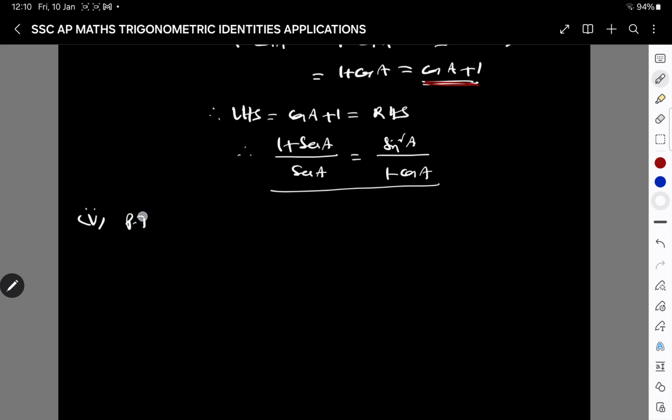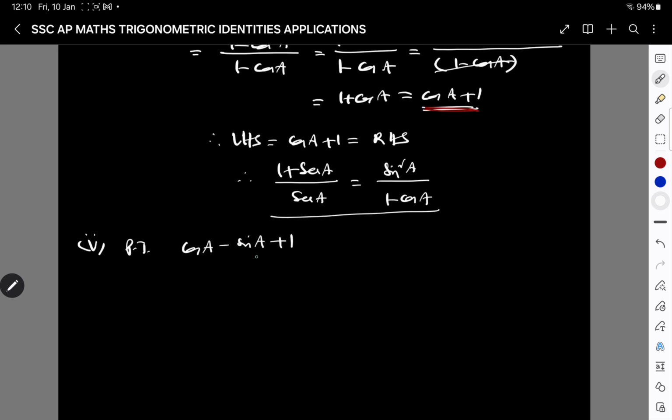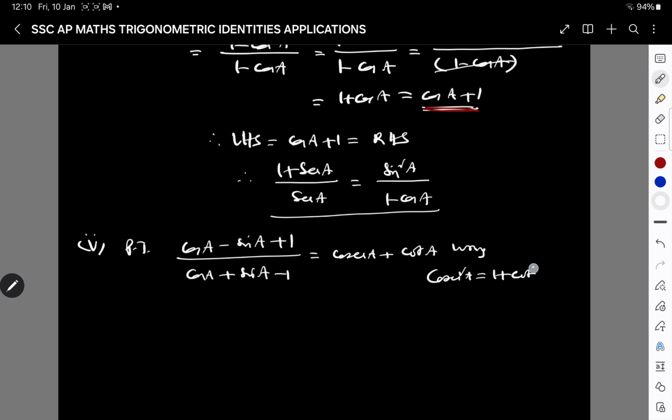Prove that cos A minus sin A plus 1 by cos A plus sin A minus 1 is equal to cosecant A plus cot A, using cosecant square A is equal to 1 plus cot square A. Using this, you have to prove this identity.